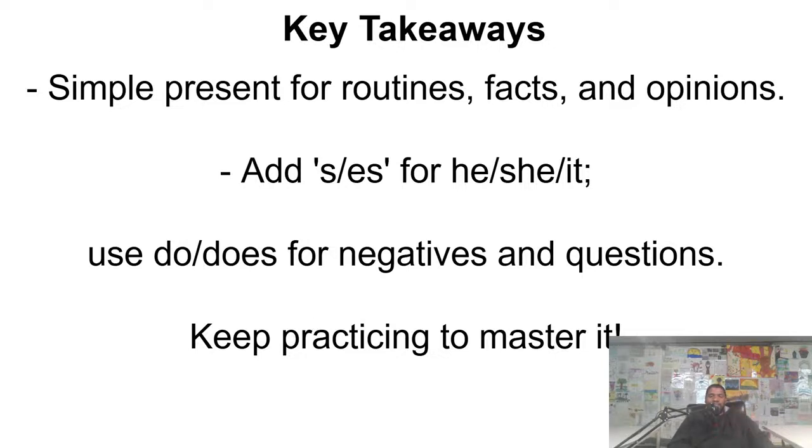There are a lot of examples that you can work with in this lesson that we did today. All you need to do is post on your wall or maybe on your phone the subject pronouns I, you, we, they, and then skip a line or two for the other three: he, she, it.